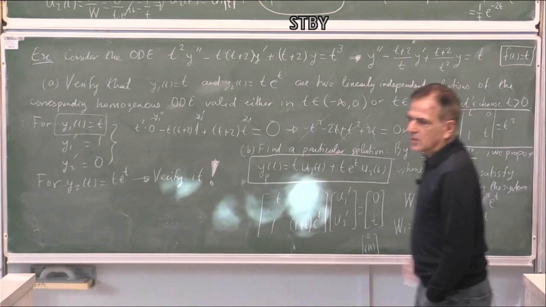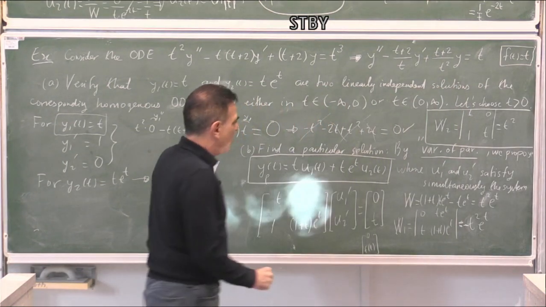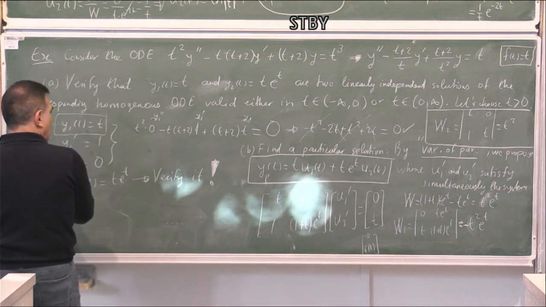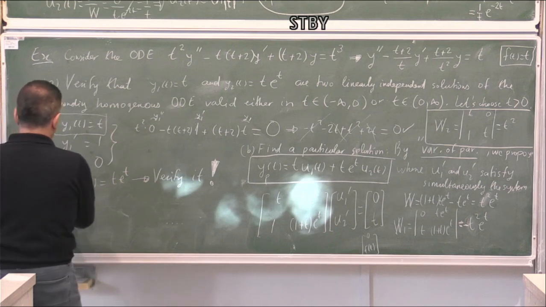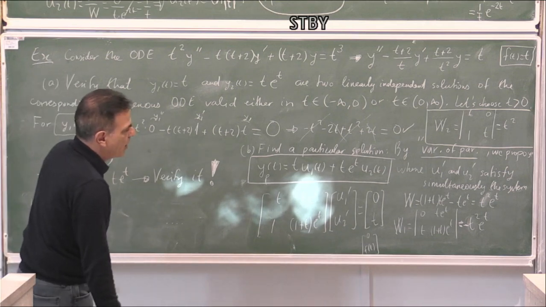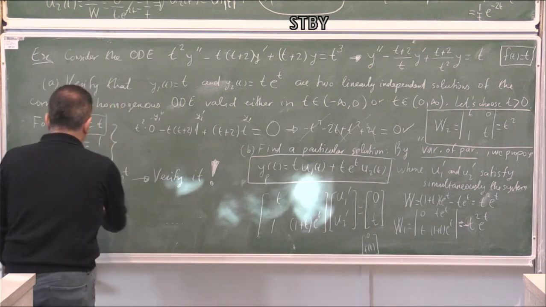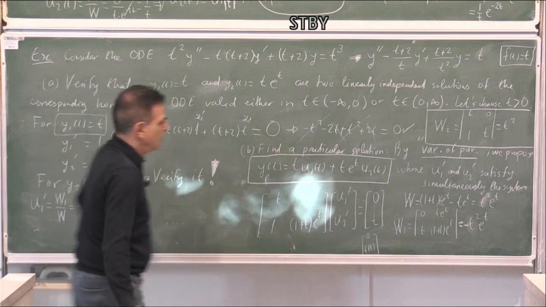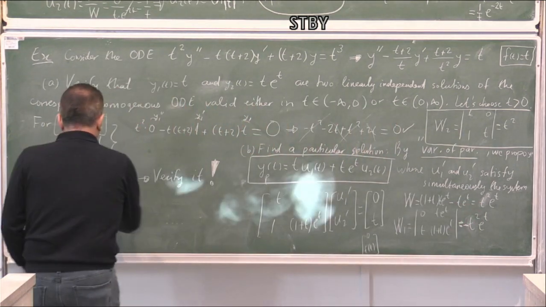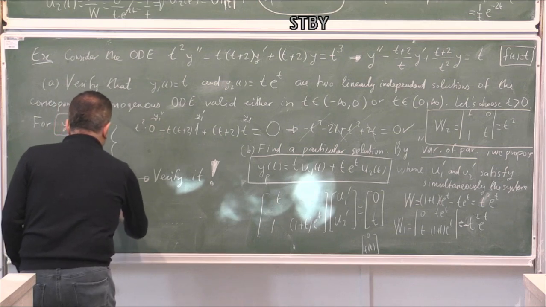With omega 1 and omega 2, by Cramer's rule, u1 prime is omega 1 over omega, which is minus 1.